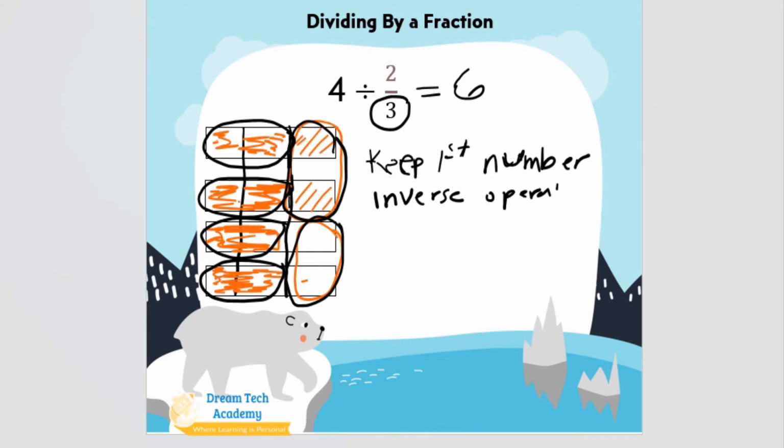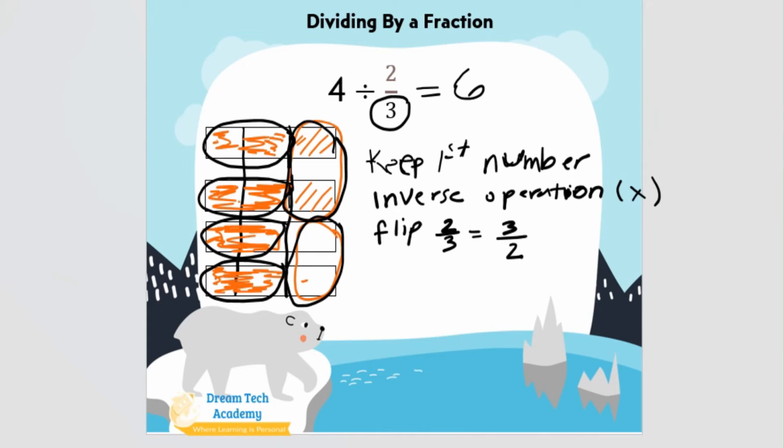So in this case, our original operation is division, so the inverse of that would be to multiply. And then we're going to flip or use the reciprocal of 2/3. So if we use the reciprocal, then we would flip 2/3 and that will become 3/2.